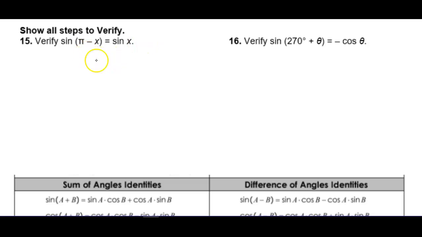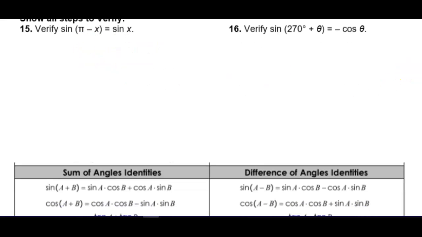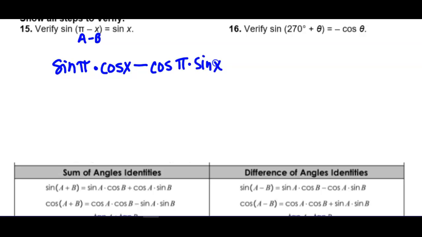But what you have to do with these is expand these out using these functions and then put in the values. These are the easiest proofs ever. So if you had sine of, and we'll use an a and a b here. So you'd go down here and it's a difference. So it says you take the sine of the first one times the cosine of the second one minus cosine of the first one, which was pi, times the sine of the second one, which was x.